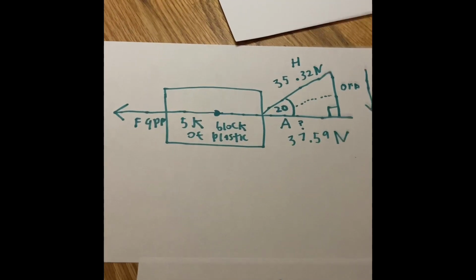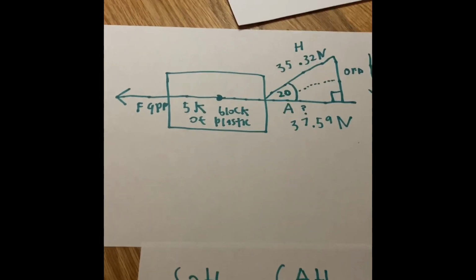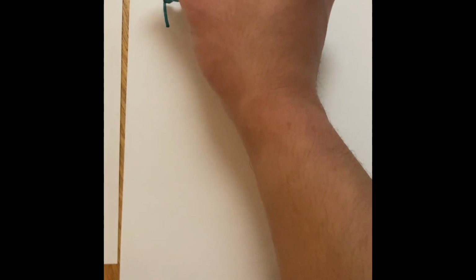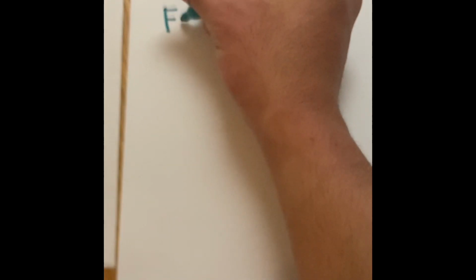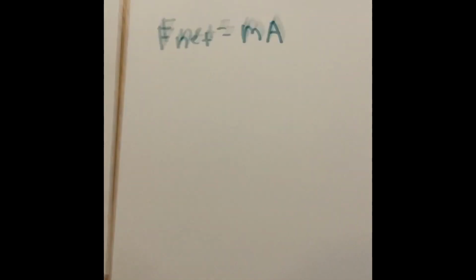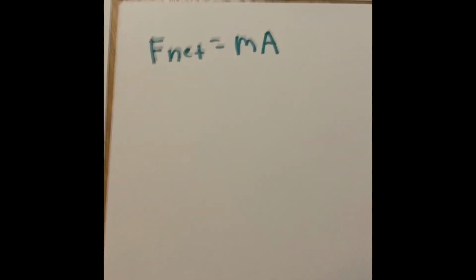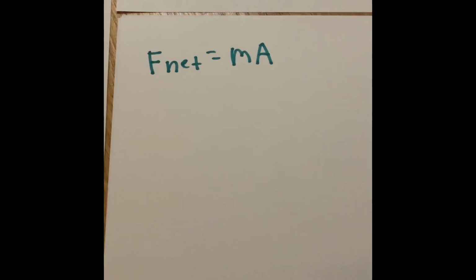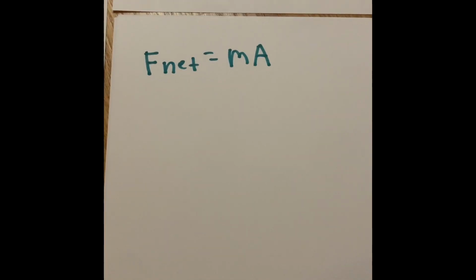Well, here is where it comes easy. We know that when you push on something, F net is going to equal MA. The net force has to be a lot greater than the friction in order for it to actually move.